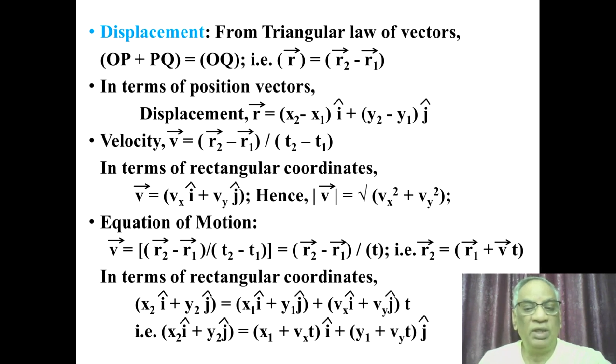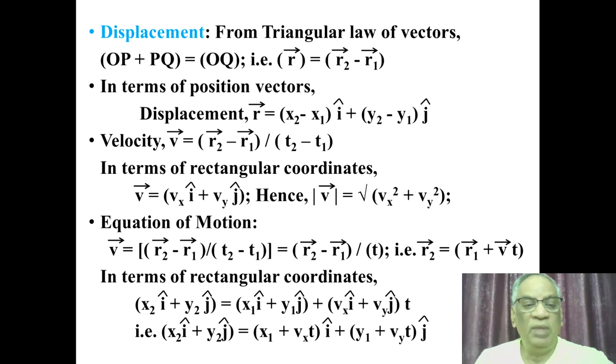In terms of position vectors, the displacement is then given by r bar is equal to x2 minus x1, that is the difference in displacement in the x direction, x2 minus x1 times unit vector i bar plus y2 minus y1 times unit vector j bar. Similarly, velocity is given by displacement by time, that is r2 bar minus r1 bar by t2 minus t1, the time difference.